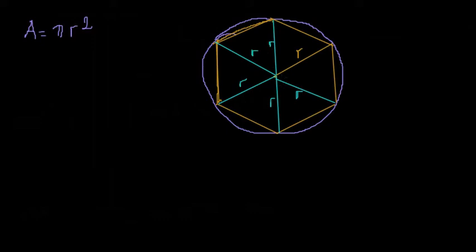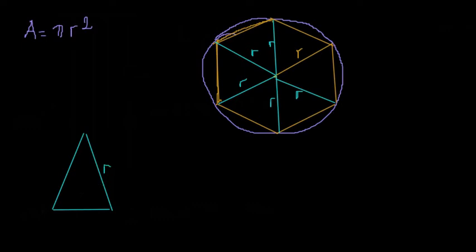And let's take one of these isosceles triangles and draw it here. We said that this side is r.